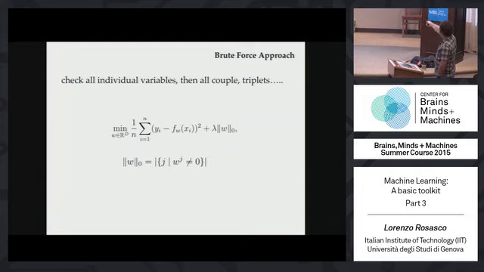The only difference is that here, rather than the square norm, we put this functional that is called the zero norm, which is a functional that, given a vector, returns the number of entries in the vector which are different from zero, okay? Turns out that if you were to minimize this, you were solving the best subset selection problem. The issue here is that another manifestation of the complexity of the problem is the fact that this functional is non-convex. So there is no polynomial algorithm to actually find the solution.